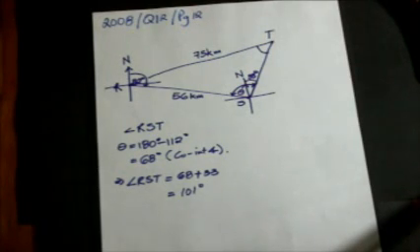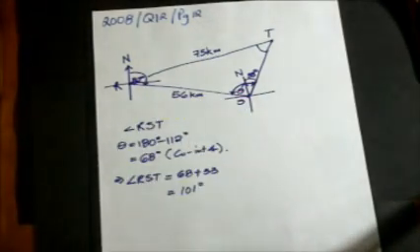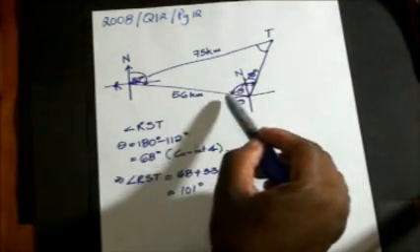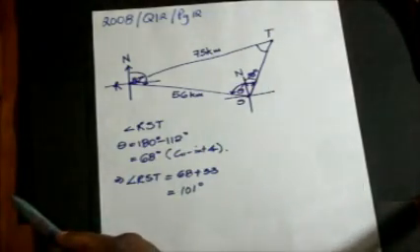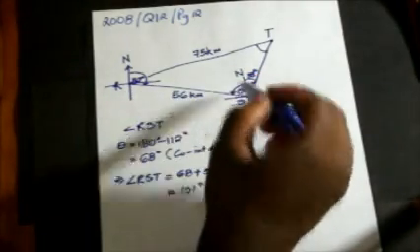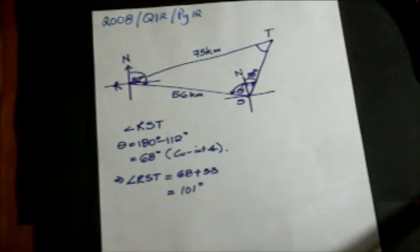And if we examine it again, we'll also see that we're given the lengths of two sides of the triangle. We now know angle S to be 101 degrees. So we have two sides and a non-inclusive angle. Now, two sides and a non-inclusive angle is a condition for the sine rule.